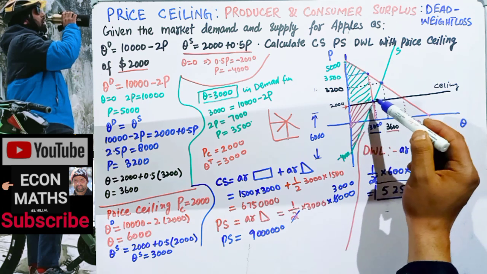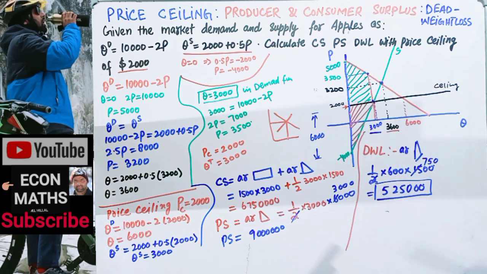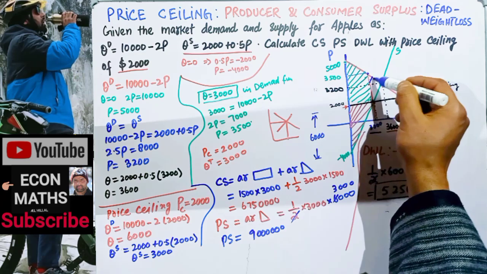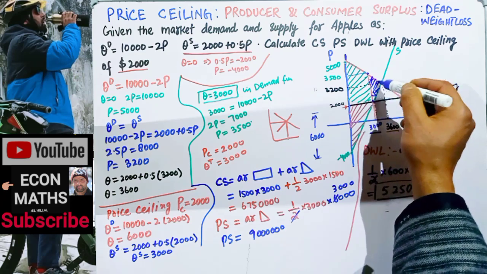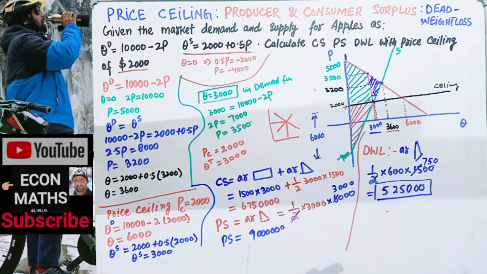The difference between supply and demand, we have seen it here. So this area is actually our deadweight loss, and it is the difference between the efficient outcome and the price ceiling outcome. I hope I make myself clear. Thank you.